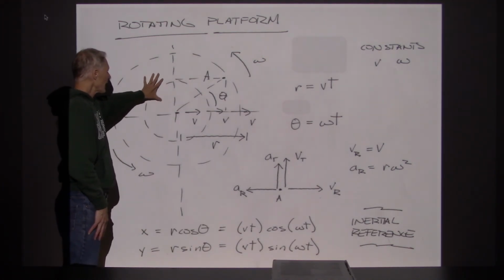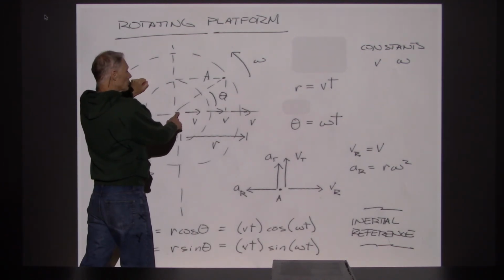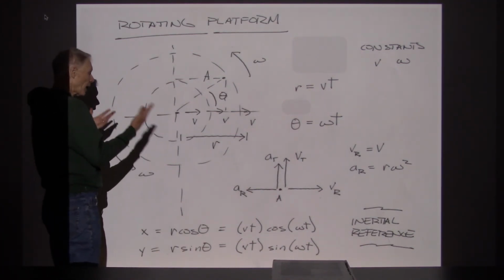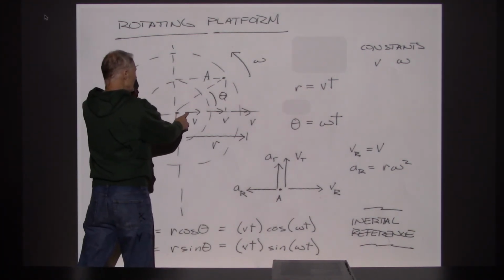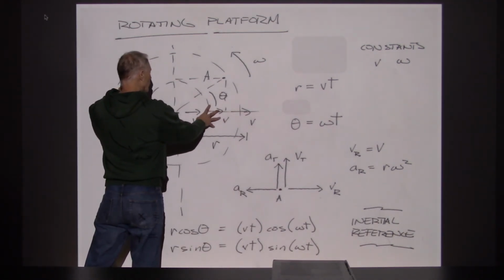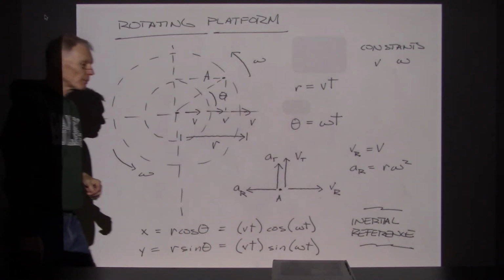For a rotating platform, what we're going to do is follow an object that steadily makes its way along the platform itself. So this could be somebody standing on the platform and then beginning to walk.